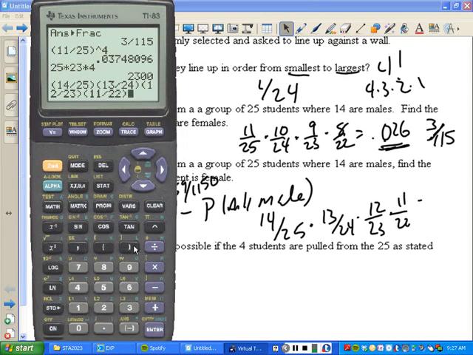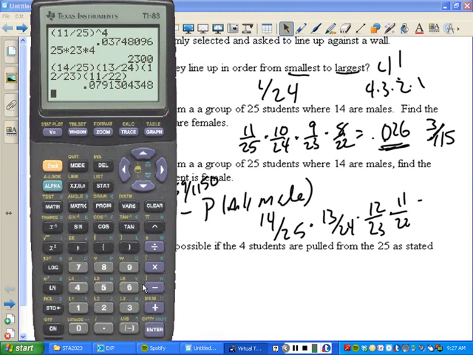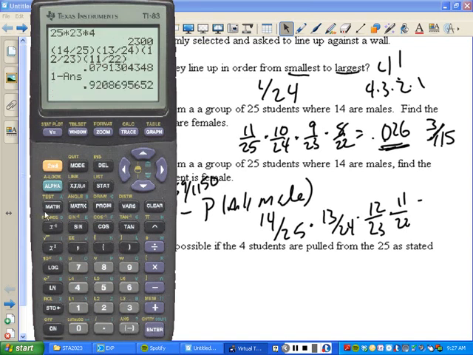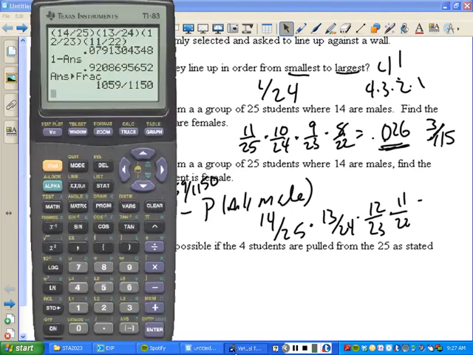I got like 0.92, and then you do 1 minus that. I got something different. What you need to be worried about is if you get the same thing I got. Math, right? 1059 over 1150. Perfect.